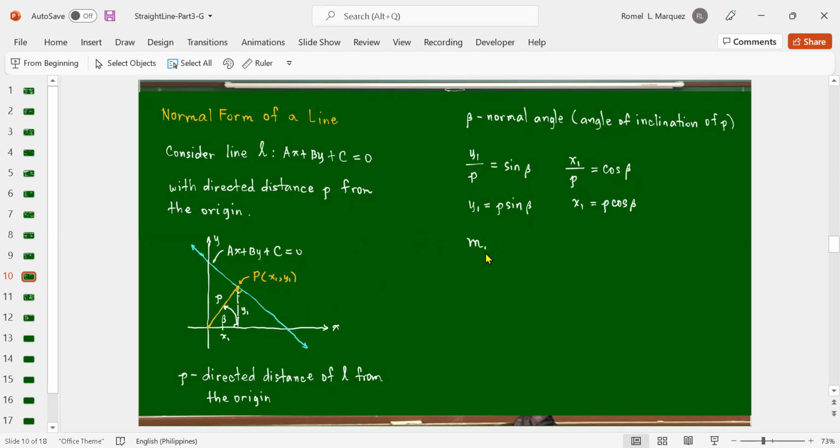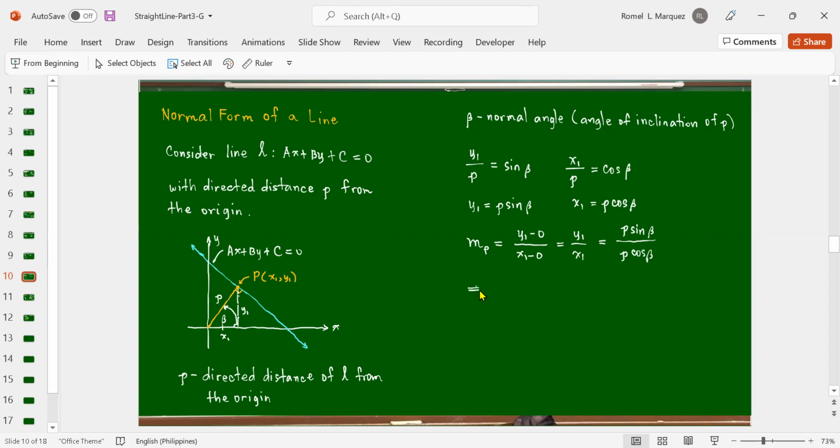Now I can get the slope of P. For the slope of P, with x sub 1, y sub 1 and the origin: y sub 1 minus 0 all over x sub 1 minus 0, that is y sub 1 over x sub 1. But what is y sub 1? P sine beta. What about x sub 1? P cosine beta.